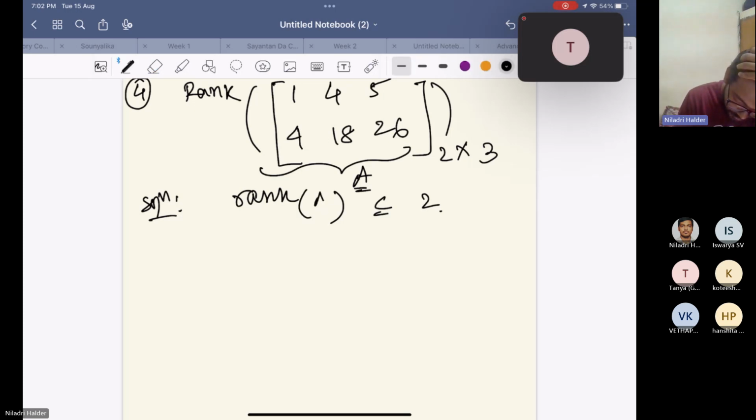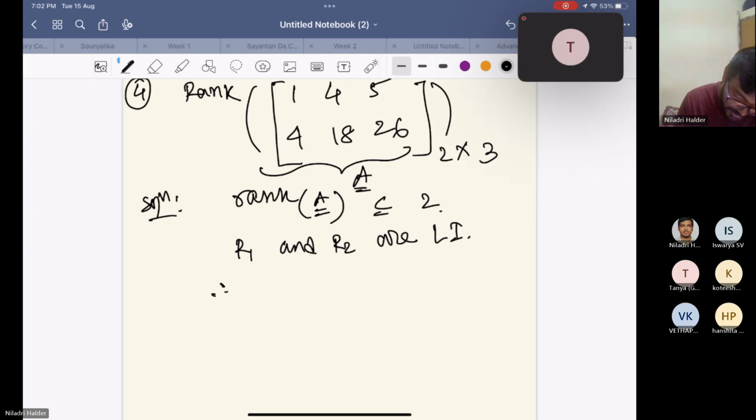Now we need to show whether it will be 2 or less than 2. Here there are two rows. The second row is not a scalar multiple of the first row, so these two rows R1 and R2 are linearly independent.